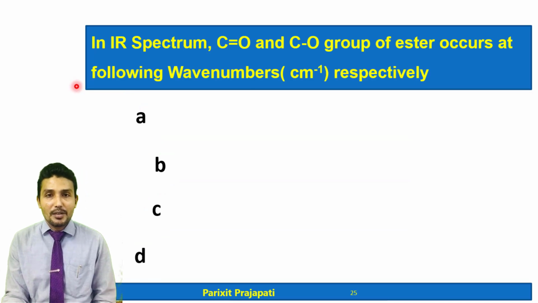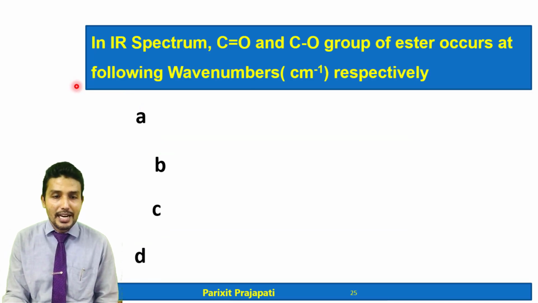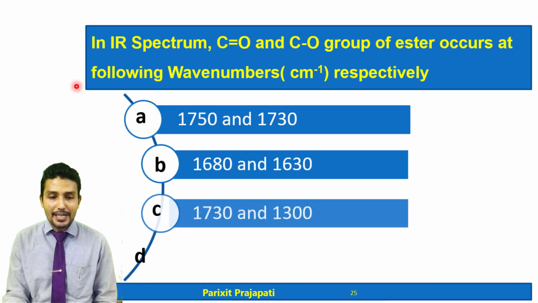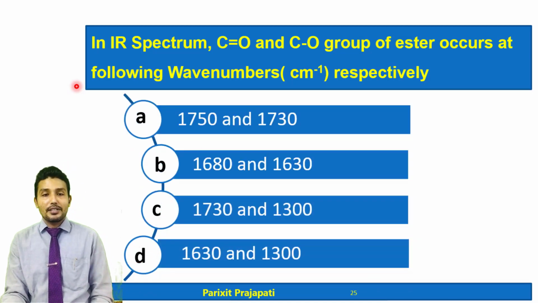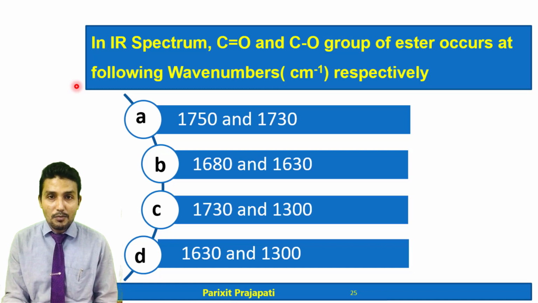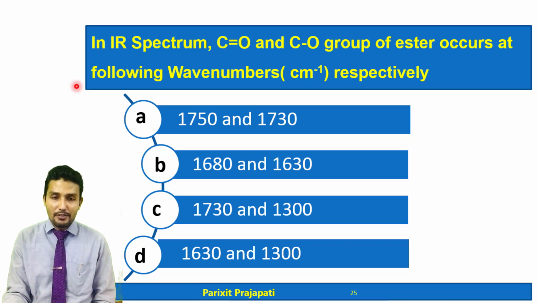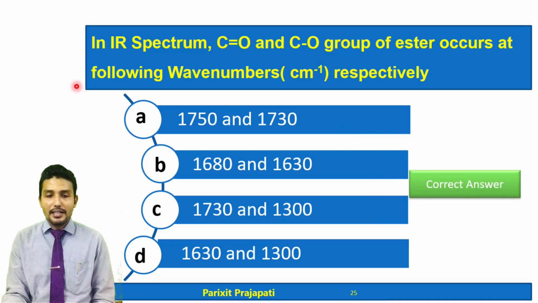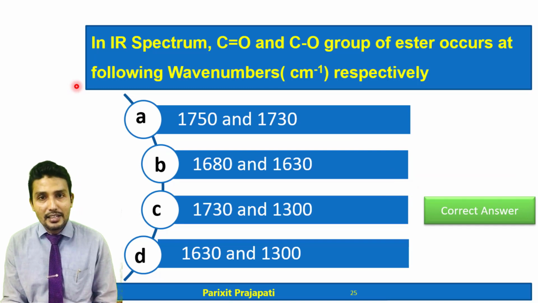Now in an IR spectrum, C double bond O and C single bond O of an ester occur at which wave numbers respectively? The correct answer here is 1713 and 1300.